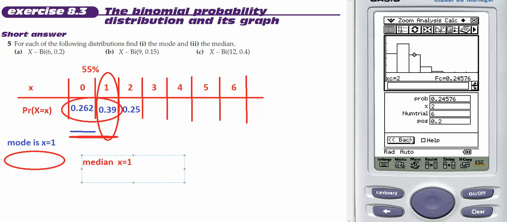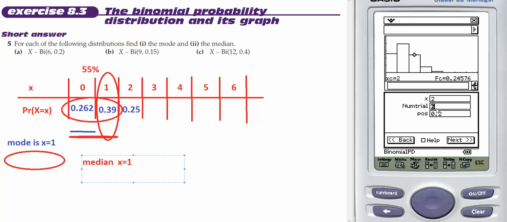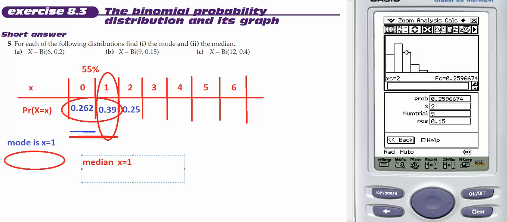If I go back and change my number of trials to 9 and the probability of success to 0.15 and go next and go graph, this is my new graph and my mode again is 1. I need to look at these probabilities.